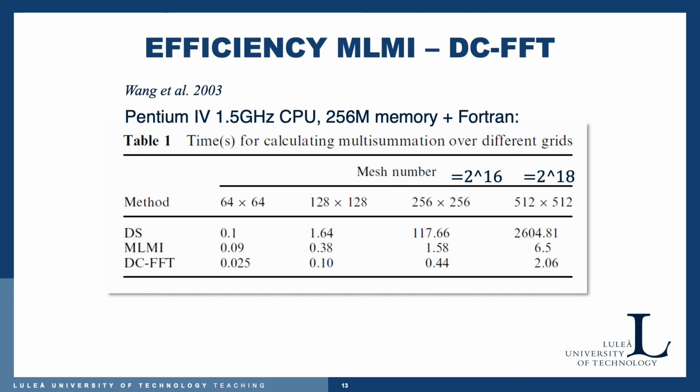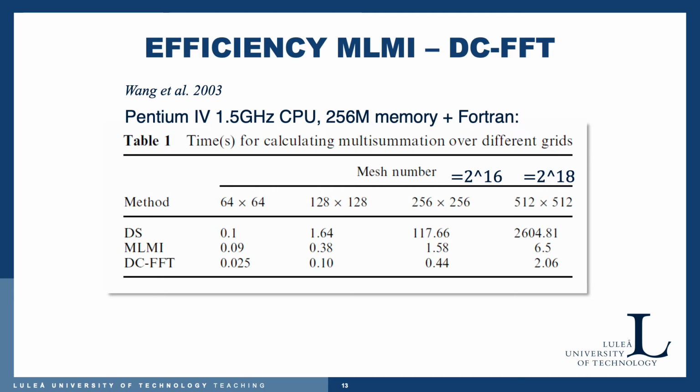Then you increase to 2 to the power 18, and you see now we're at two-thirds of an hour, 2,600 seconds to compute the direct summation, and then probably you have leveled out what you can manage to do memory-wise with 256 megabyte memory.